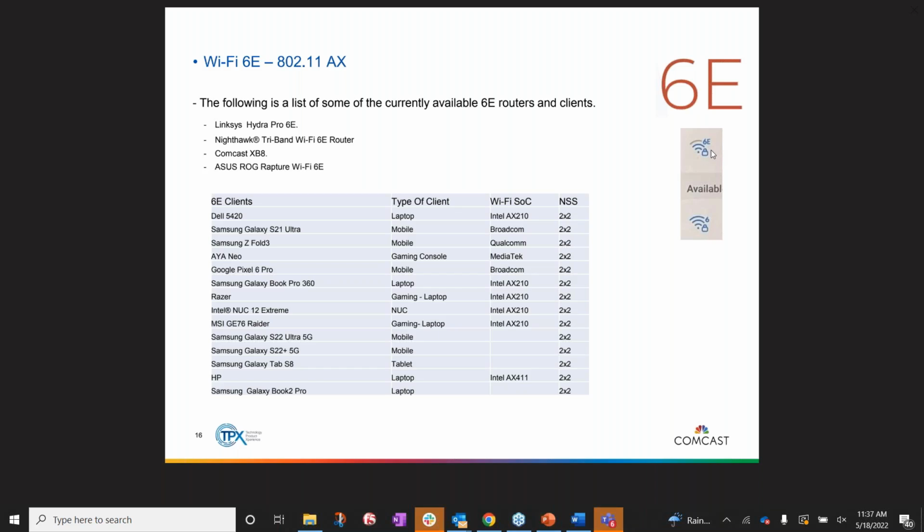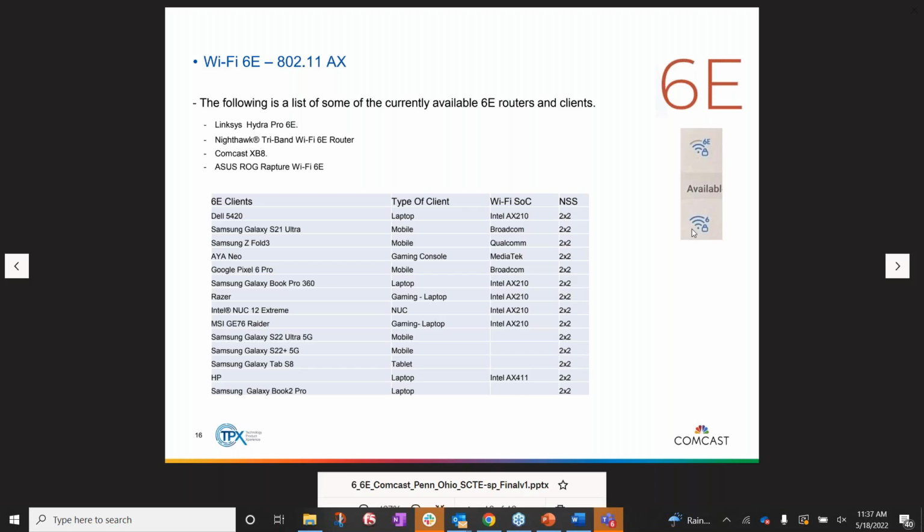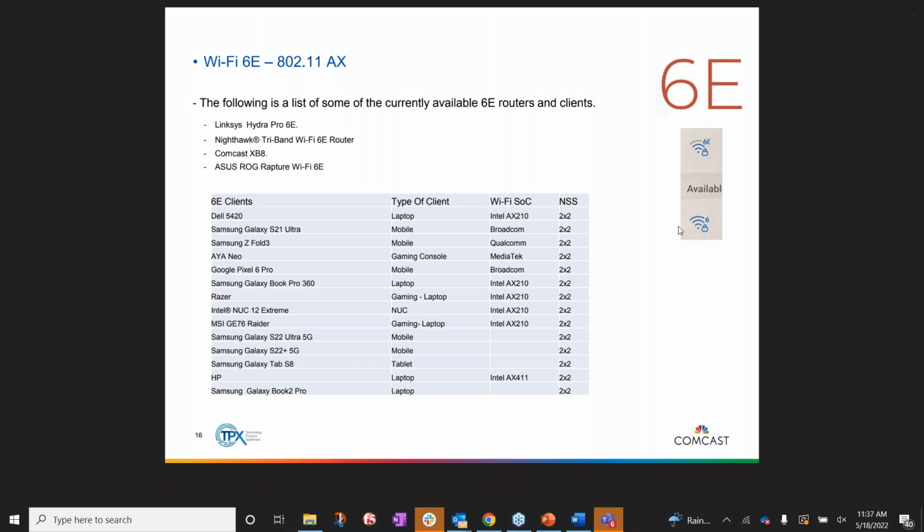Now, if you configure an identical SSID for all the bands, then you will see it as Wi-Fi 6 initially. When you connect to the gateway, if it is connected on 6 gigahertz, the icon will immediately turn to 6E, or if it's connected on 5 gigahertz, it will turn to just Wi-Fi 6.